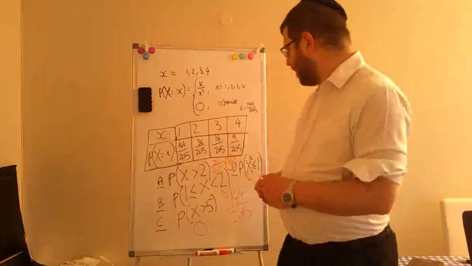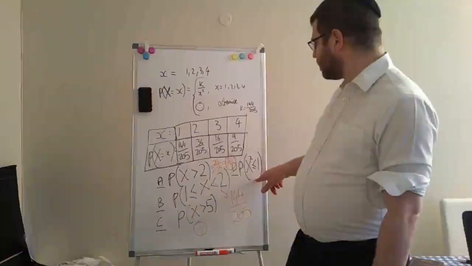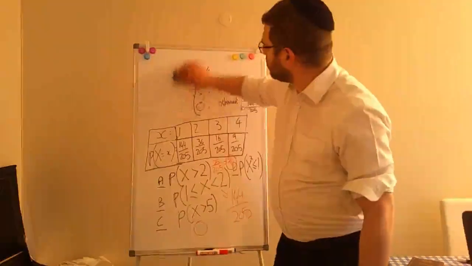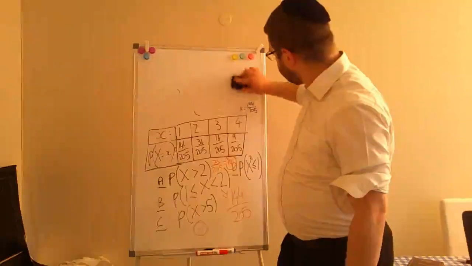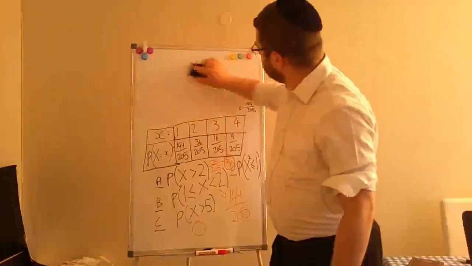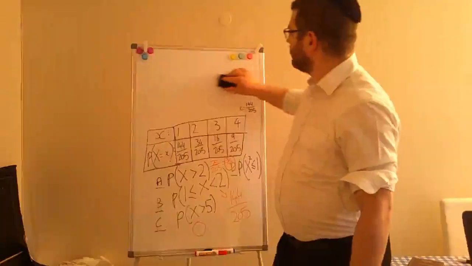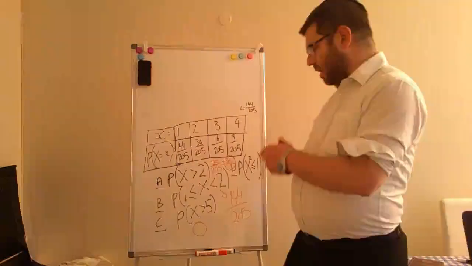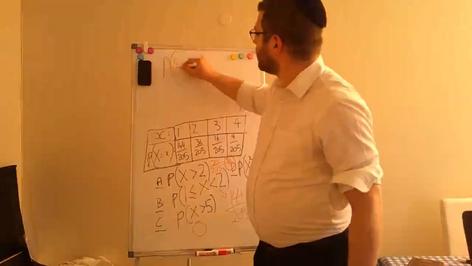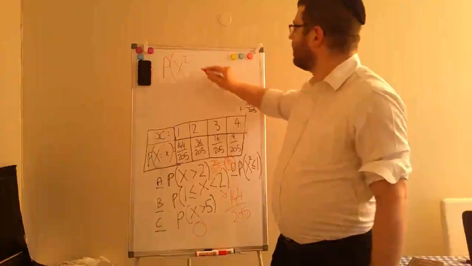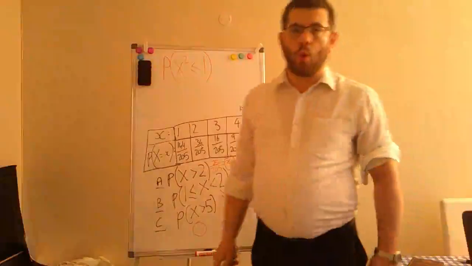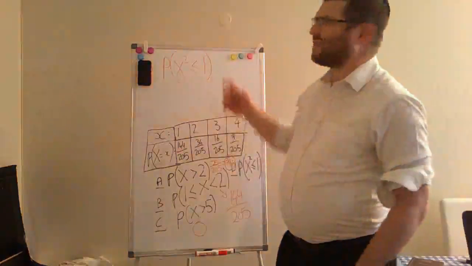Now, for part D, which says probability x squared is less than or equal to 1, let's make some space up here and do it here. The issue with part D is, how do we understand that?